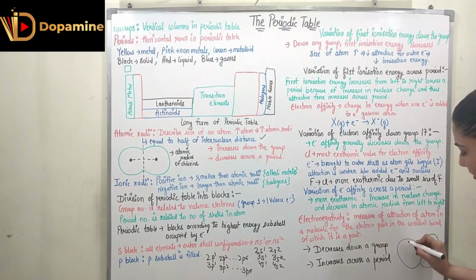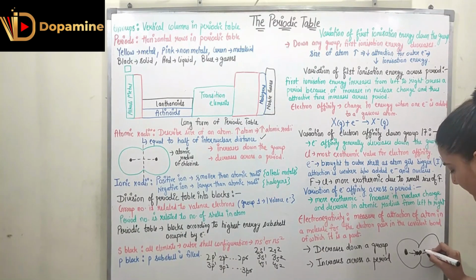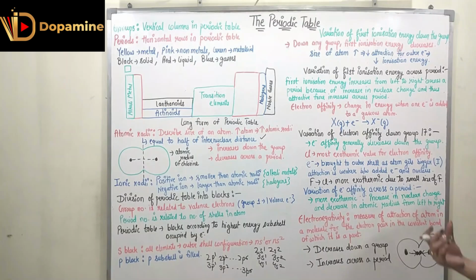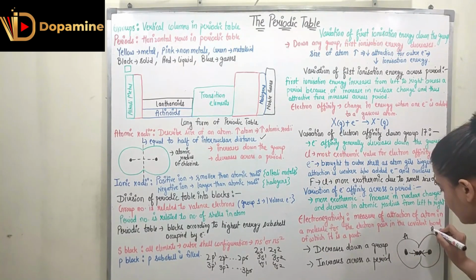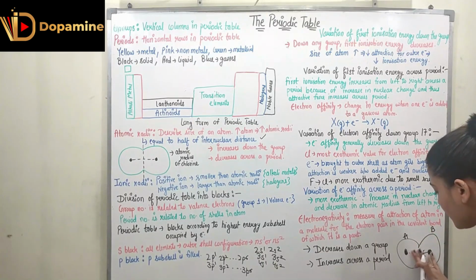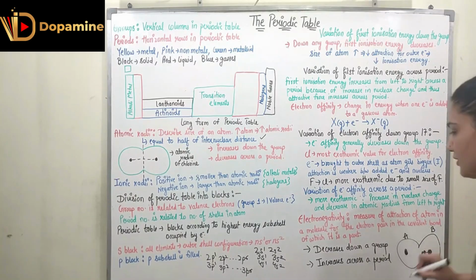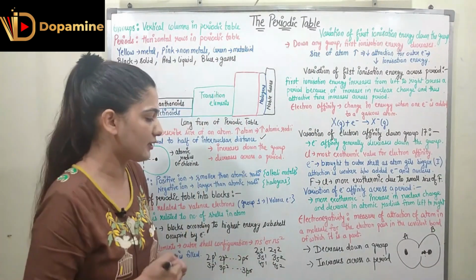How much this atom's nucleus is going to attract these electrons, and how much this atom's nucleus is going to attract them, is going to tell me what the electronegativity is. So if, let's suppose, this is atom A and this is atom B, if atom A is more electronegative, these electrons are going to shift towards atom A, right? If it is less electronegative, they will shift towards atom B. So in this manner, we can find out what the electronegativity is.